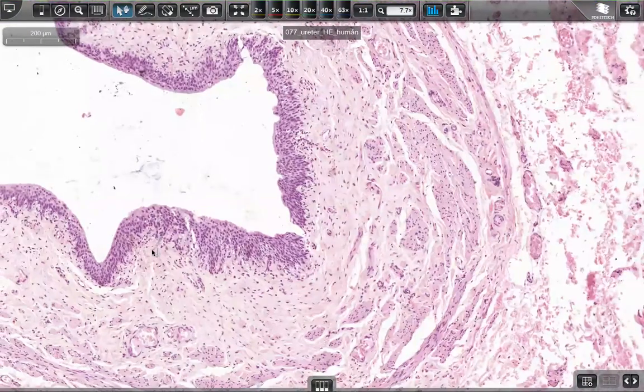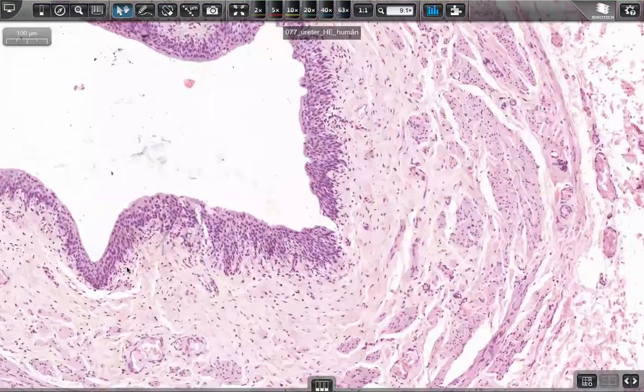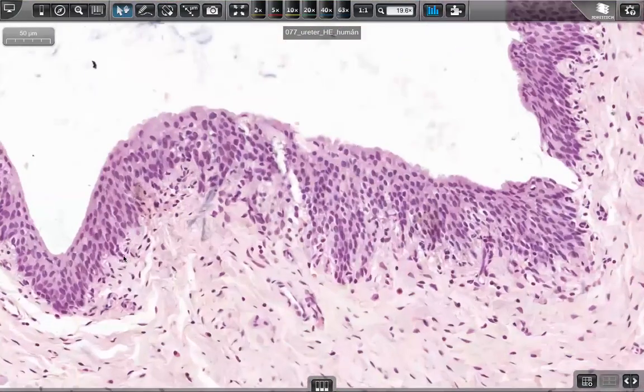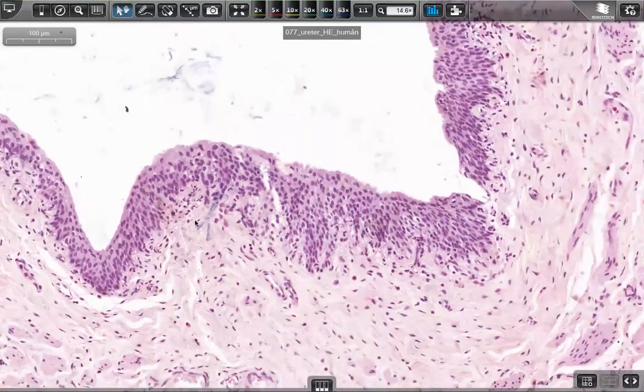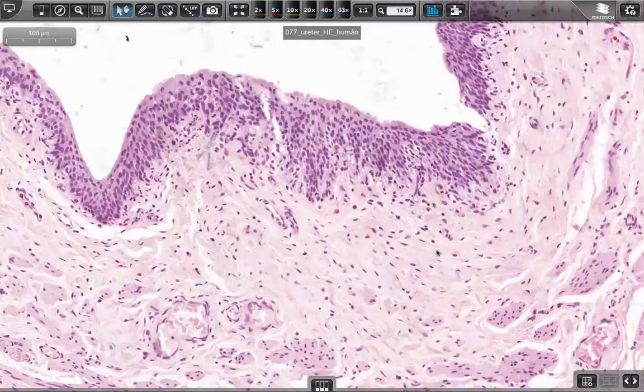So lamina propria, really close to the basement membrane of the urothelium. We have some lymphoid elements, but a little bit down, we can find fibers, numerous coarse collagen fibers. So there is a relatively dense connective tissue.